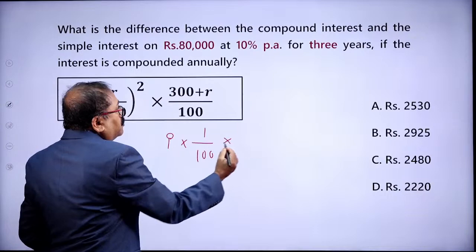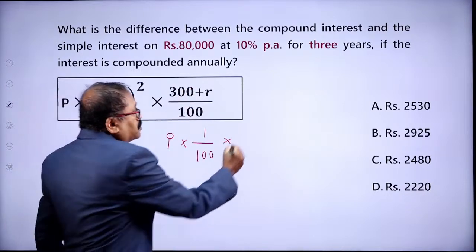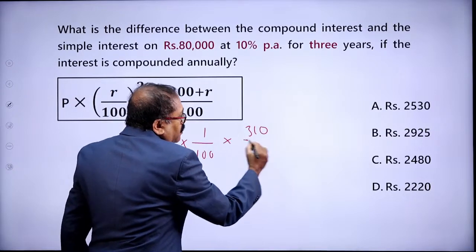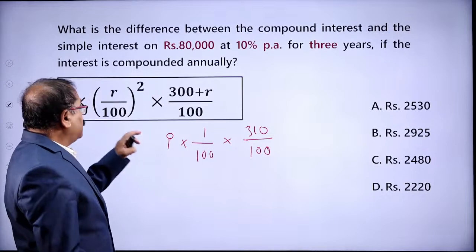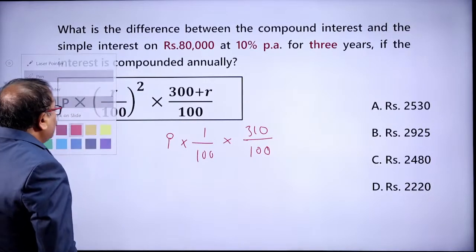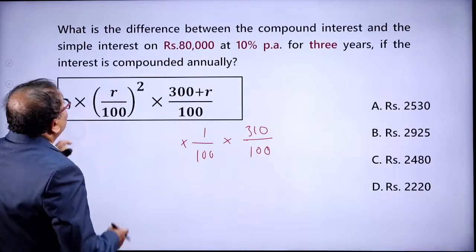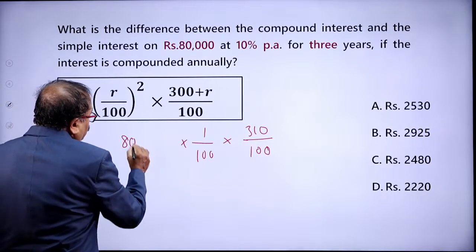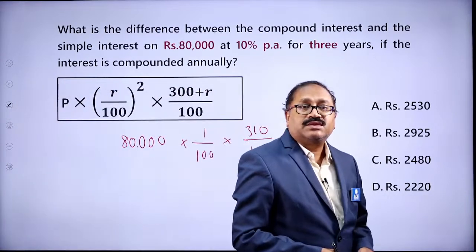And then I will write down this one as 300 plus R, and the R is 10 here, so 310 by 100. That's over. Whatever value comes, and P is given to us, replace the P value here and you get the answer. So P is 80,000, so take that 80,000 over here. So here it will be your answer.